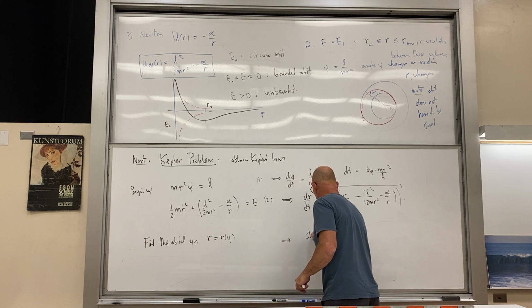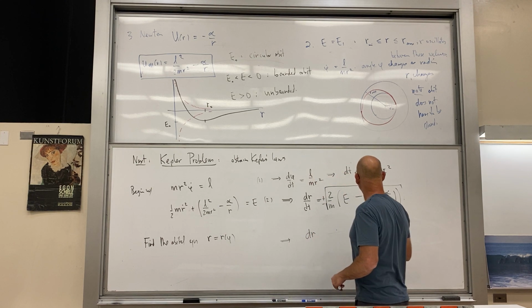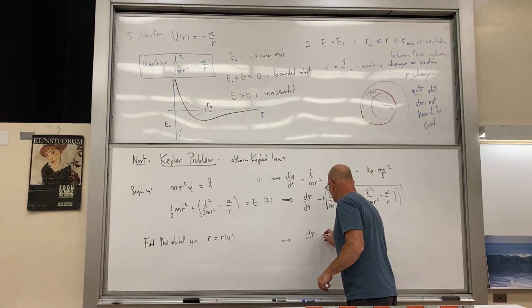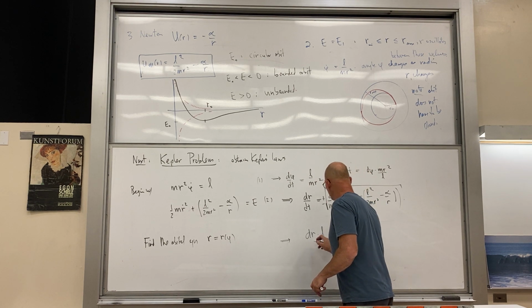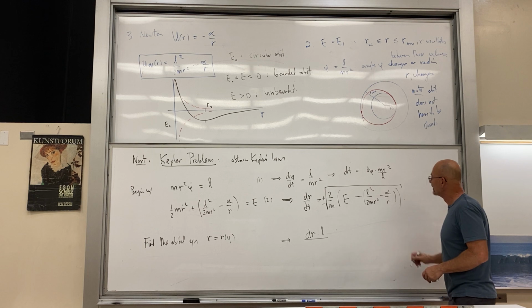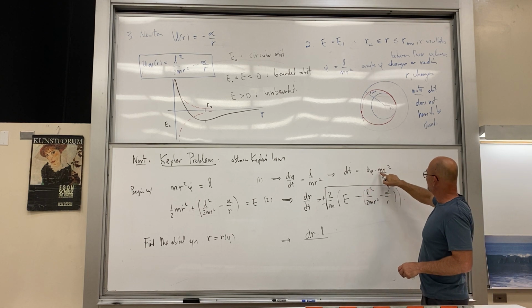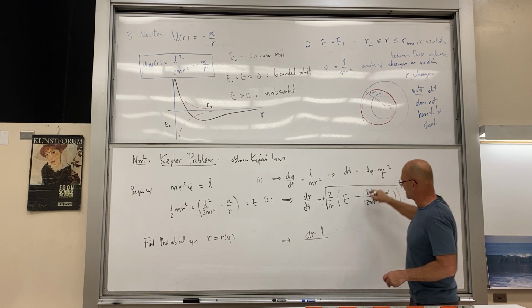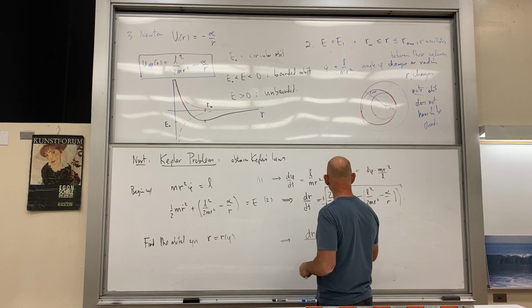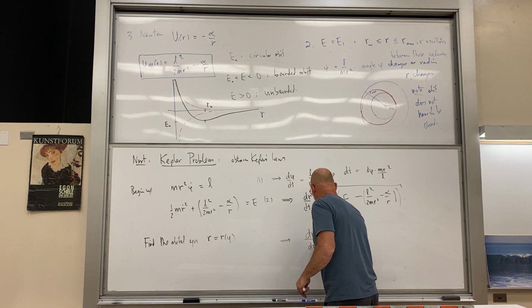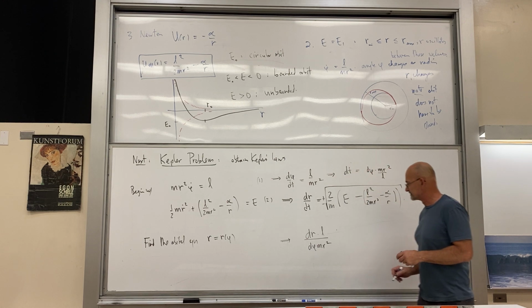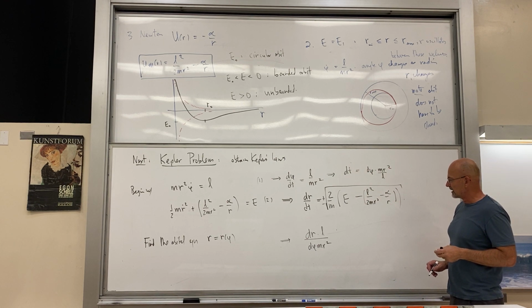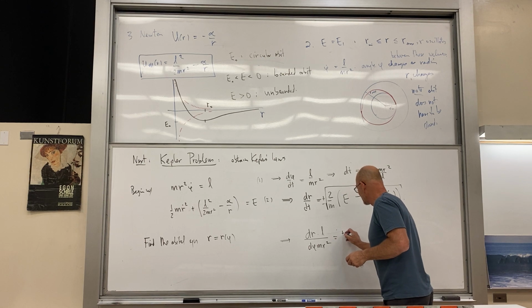So we have dr divided by dt, so dr times L. We'll do this in two steps. So we've got dt is d phi mr squared, equals plus or minus this thing.